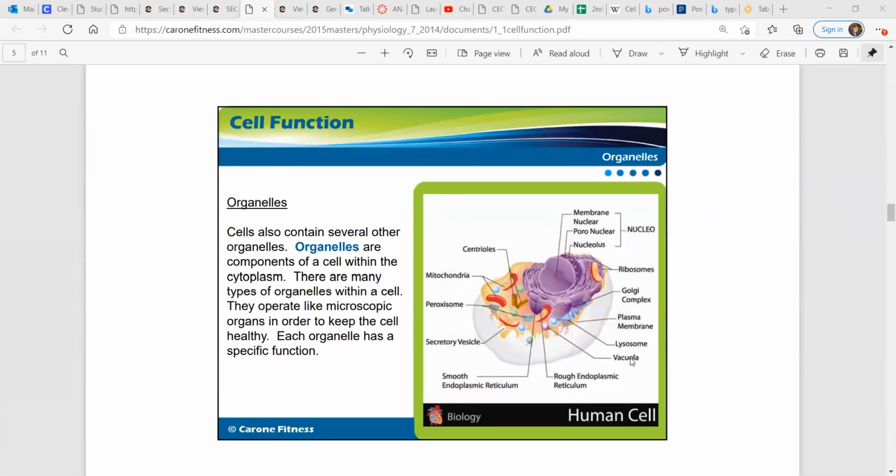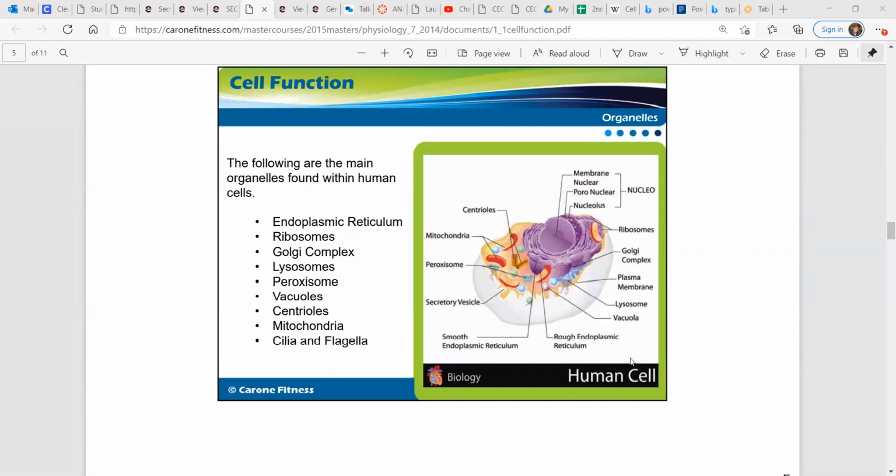Organelles are like tiny little organs for cells. They are the components of a cell within the cytoplasm. There are several types of organelles within a cell. They operate like microscopic little organs to keep the cell healthy, and each one has a specific function.